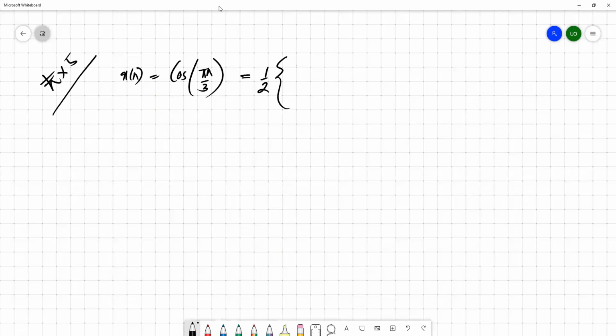So you can simply use this trick. So this is cos e to the power j phi n over 3 plus... okay.